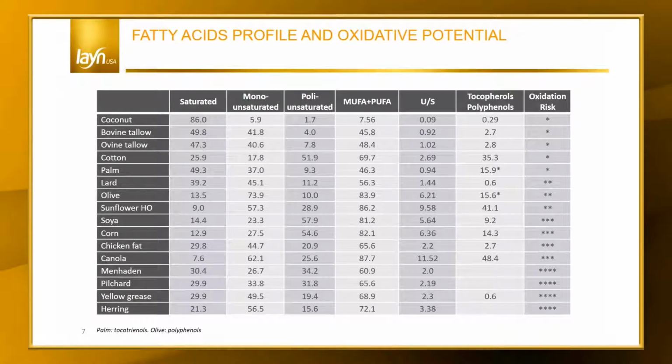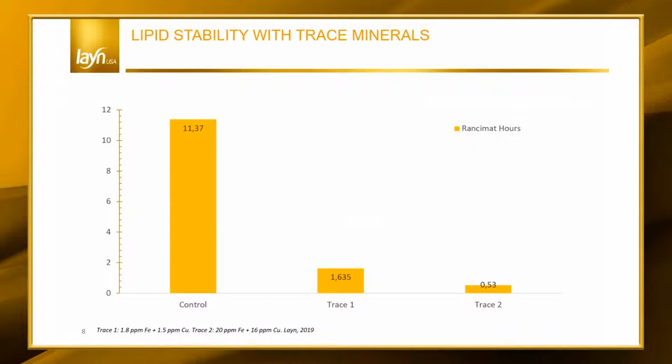We see, for instance, that herring and pilchard fish oils are very, very easy to oxidize, as is the yellow grease, fats and oils coming from the human food industry that have been recycled for animal nutrition, but have been subject to heating, and therefore they are extremely sensitive to oxidative processes.